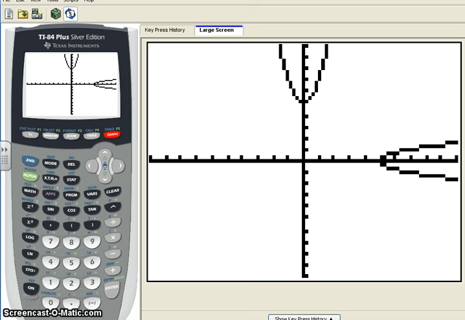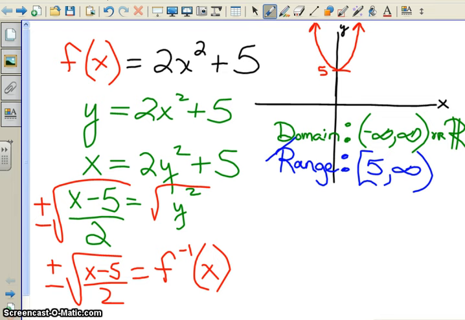And that appears to be what's happening here, is that our inverse is flipping right across this line y equals x and giving us that sideways parabola like that. And also take note that essentially our domain and range of the original function flip-flop for the inverse. The range is now all real numbers. It goes forever up and down. And the domain starts at positive 5 and goes forever to the right towards the infinities.